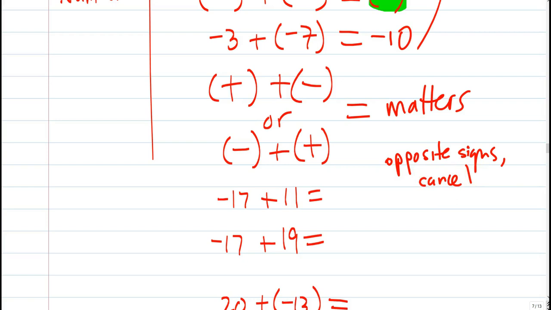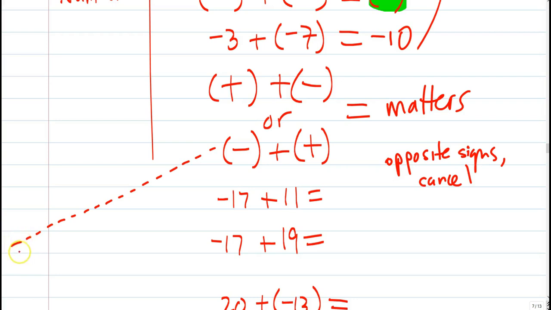If I had 17 negatives and I put in 11 positives, I'm going to draw this out. If I had 1, 2, 3, 4, 5, 6, 7, 8, 9, 10, 11, 12, 13, 14, 15, 16, what was it? 17 negatives.